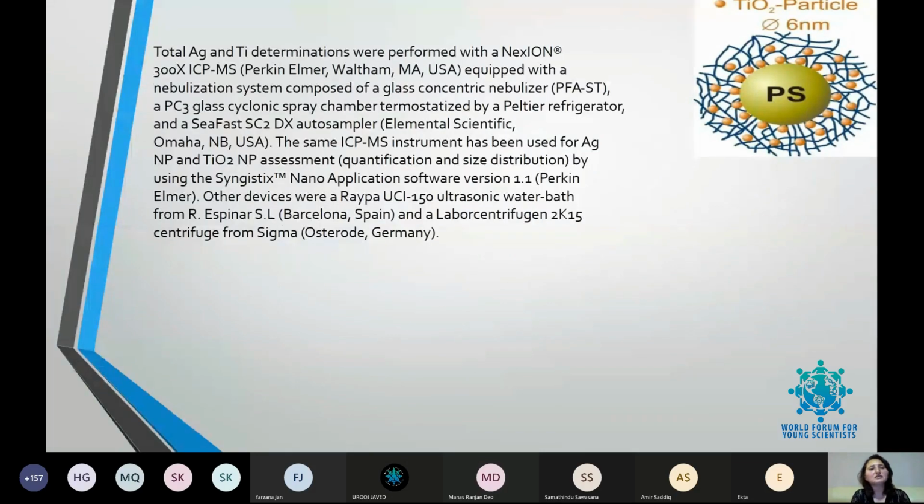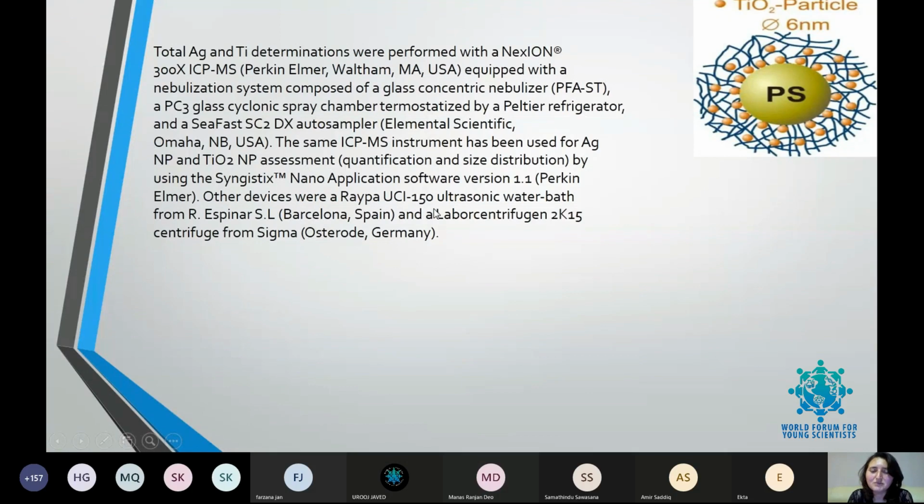Total silver and titanium determinations were performed with the NexION 300. This is a model of the ICP-MS from Perkin-Elmer, equipment with a nebulization system composed of a glass concentric nebulizer, a glass cyclonic spray chamber thermostatted by a Peltier refrigerator, and a sample autosampler, Elemental Scientific, USA.